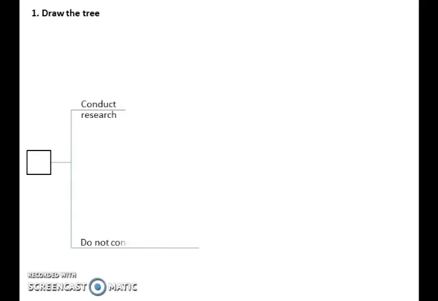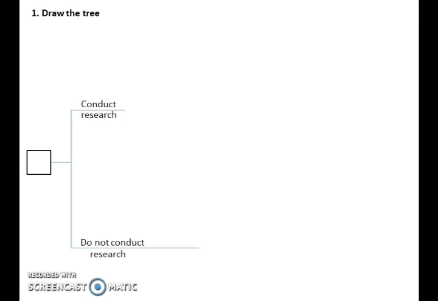Now first, draw the tree. A decision tree starts with a decision node. Misha wants to open a dress shop. Because she has the option of conducting a marketing research before opening the shop, she must first decide whether or not to conduct the research. So draw two branches from the decision node, one for conduct research and one for do not conduct research.